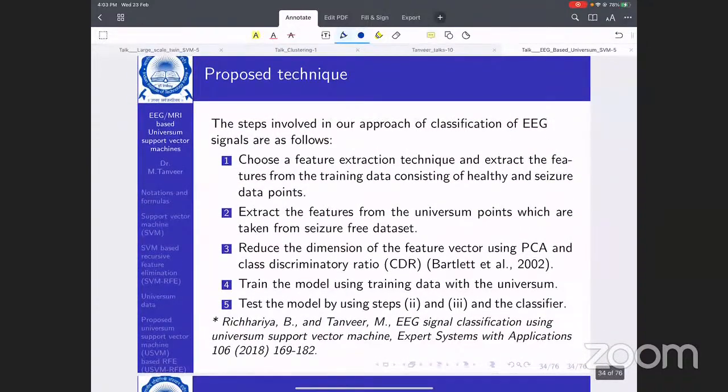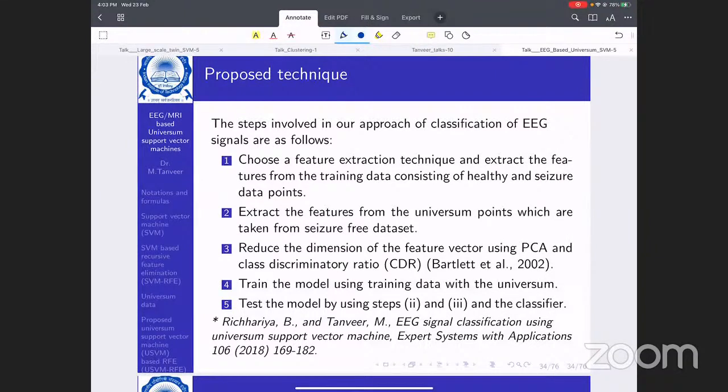Usually there are a few steps for EEG signal classification. We choose a feature extraction technique and extract the features from training data consisting of healthy and seizure data points. Then we extract the features from universum points, which are taken from the seizure-free data set. Then we reduce the dimensionality using a standard technique like PCA, or maybe CDR.